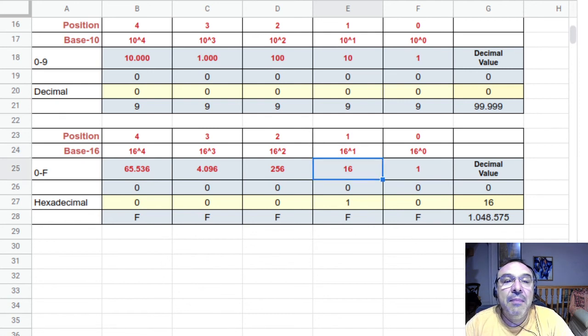So every digit here has the value of 16. 1 here is 16, 2 is 16 by 2, so 32, 3 is 16 by 3, so 48, 4 is 16 by 4, so it's 64. And if you have some digit in the first position, you have to add the value. So if you have here, for example, the number 3, it will be 64 plus 3, so it will be 67.